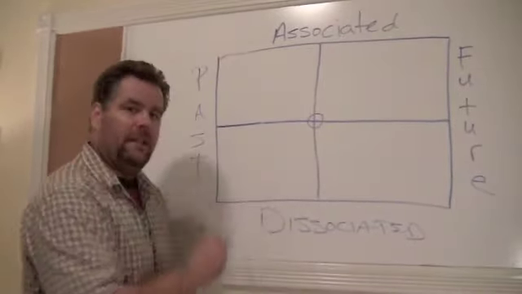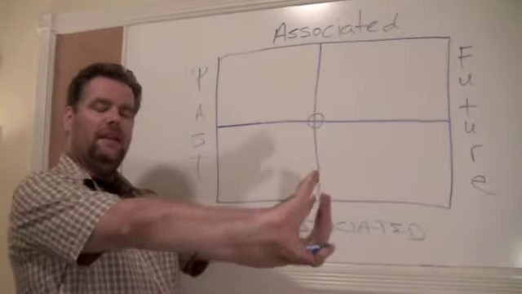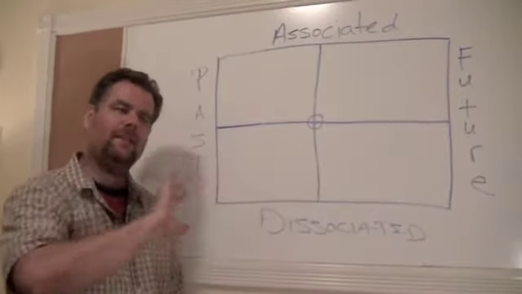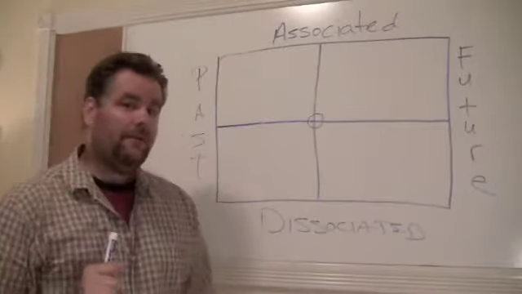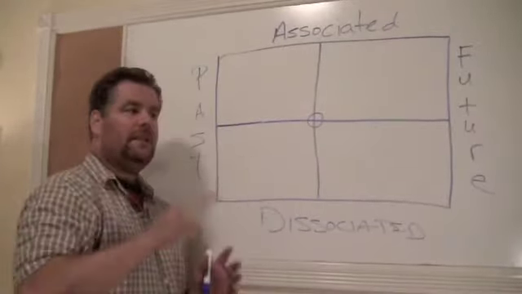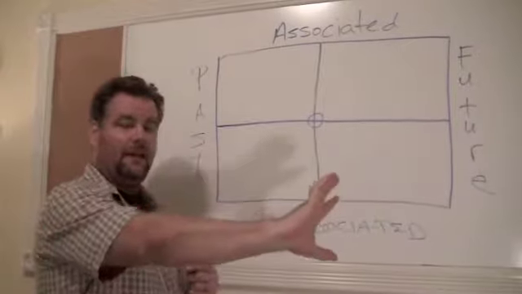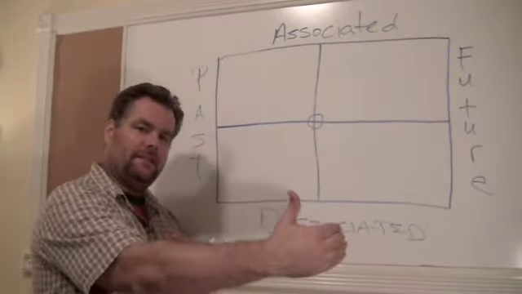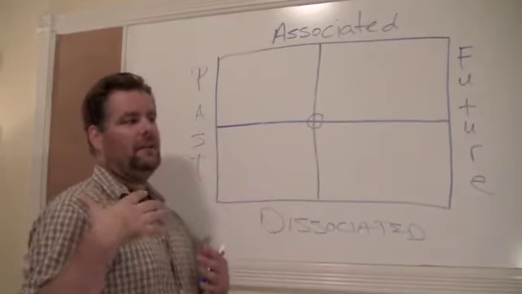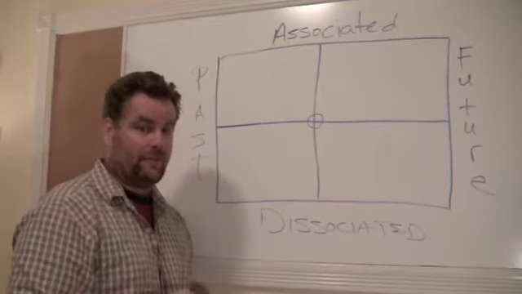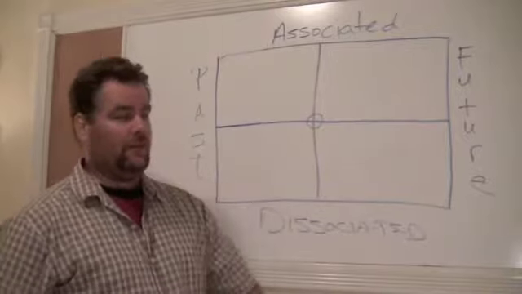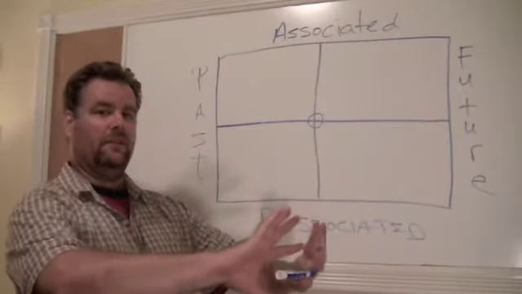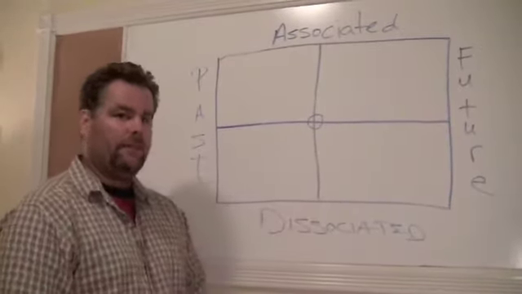If I'm dissociated, I'm taking a neutral, distant observer perspective on it. So if I'm dissociated from a past memory, I'm seeing that memory and I'm seeing myself as if from a distance. And when we take the neutral observer's perspective, we tend to lose the feeling component of it. We get the big picture, we get the objective view, but we're not caught up in it.